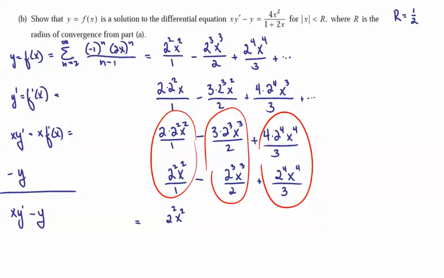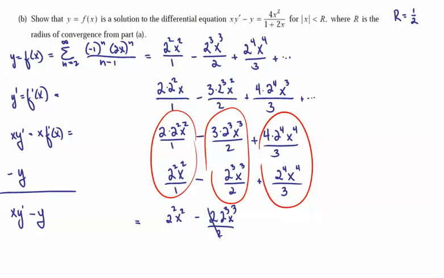Then we have minus 3 times 2 cubed x cubed over 2, and we subtract a negative, so we add 1 times 2 cubed x cubed over 2, and that leaves us with a minus 2 times 2 cubed x cubed over 2, and you'll see that those 2's will cancel out.